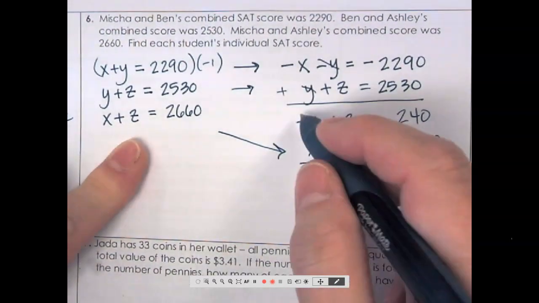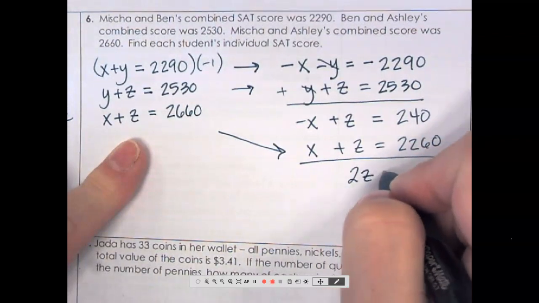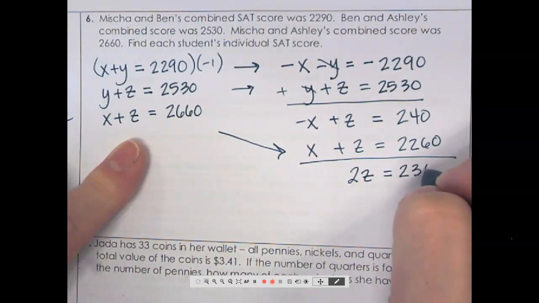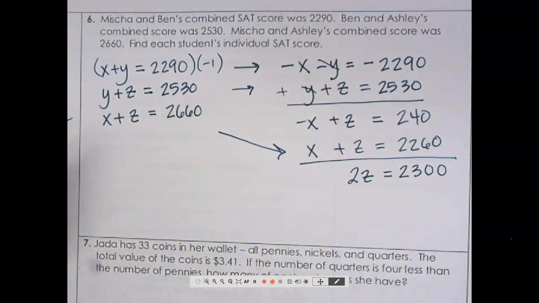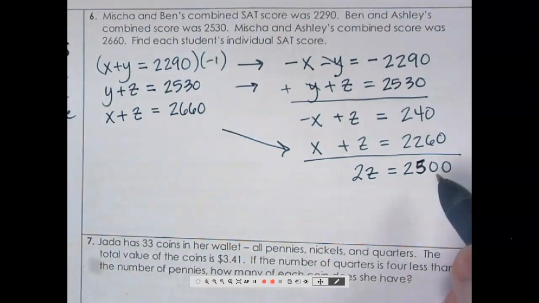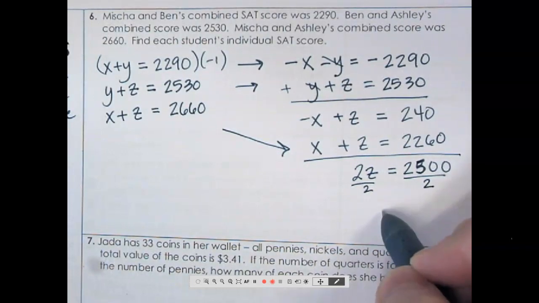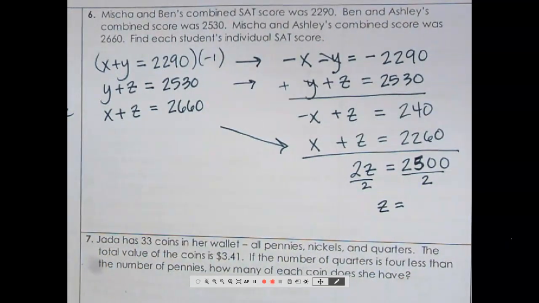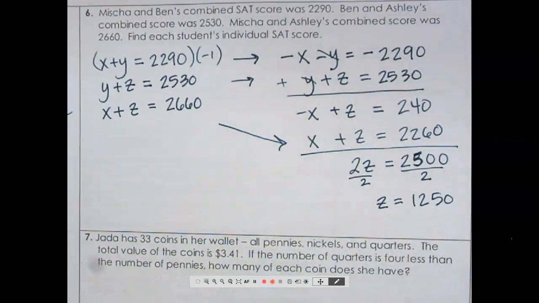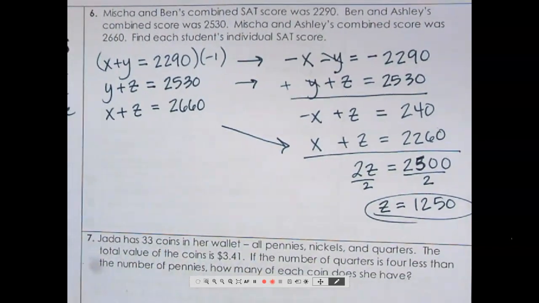X's cancel. 2Z is 2300. No, 2500. Yeah, 2500. Divide by 2. 1250. Okay, so we know Ashley's score, 1250.